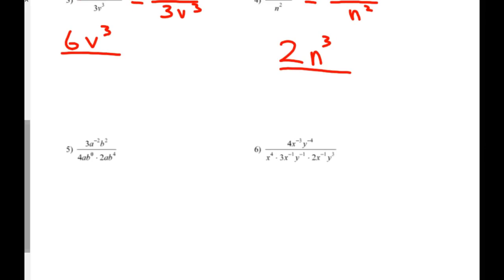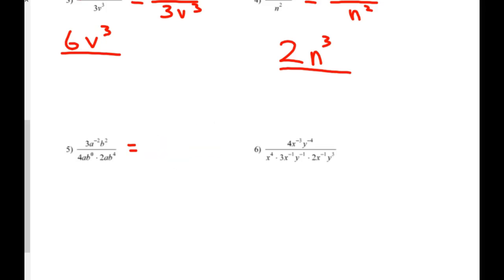Alright. It's going to be kind of tricky down here. Let's simplify the bottom. Oh, whoops.